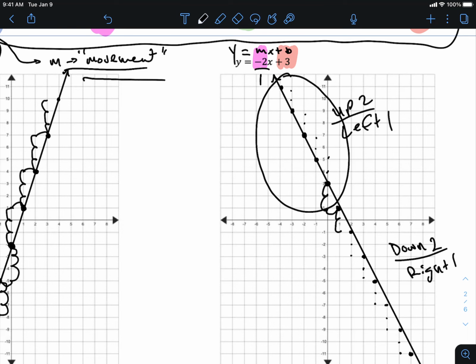Okay, so we have to be able to do the opposite of whatever it's telling us to do. Okay? Alright. So, I'm going to stop that one there too.